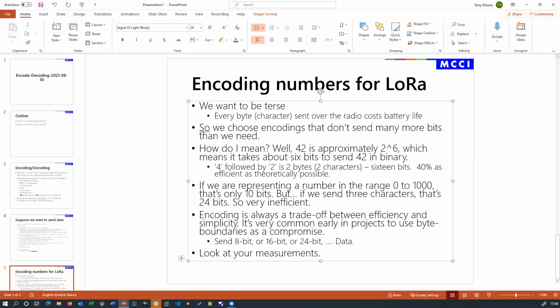But if what you've got is a measurement of temperature and you only have 1% accurate sensors, it may not make sense to send more than 8 bits. So don't waste battery encoding noise.